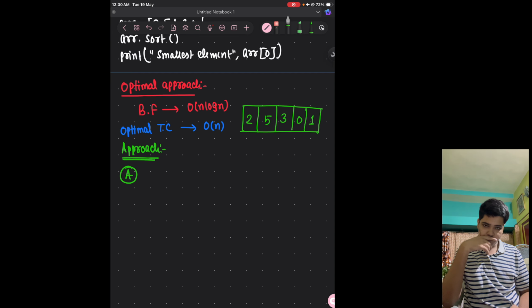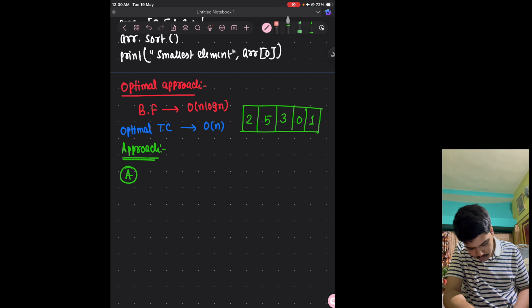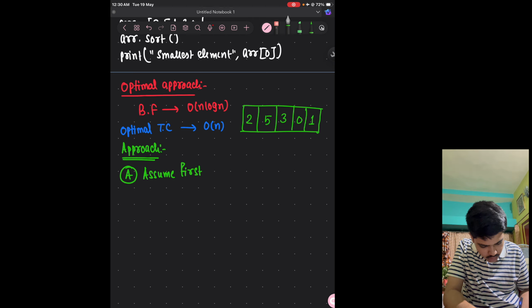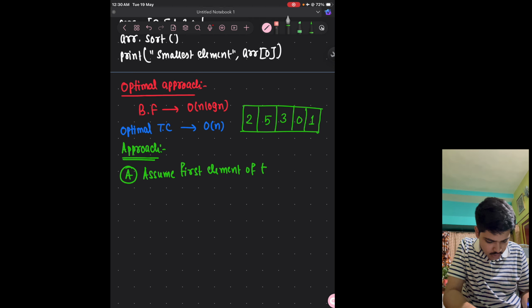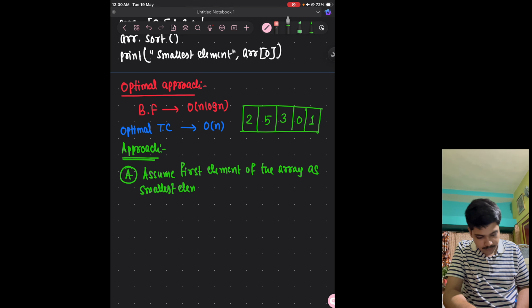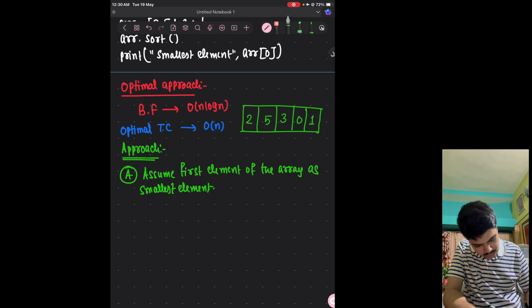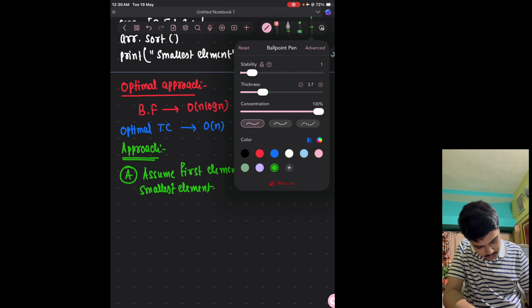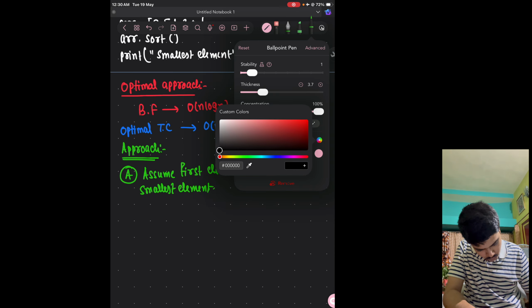We will assume the first element of the array as the smallest element. Let me change the palette once.